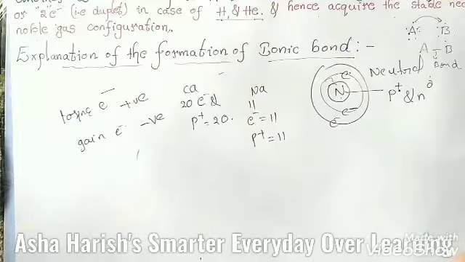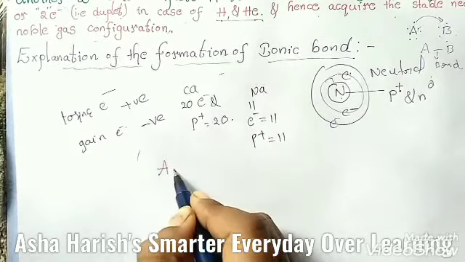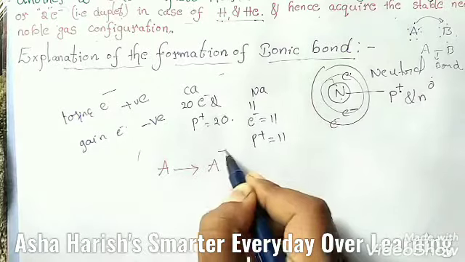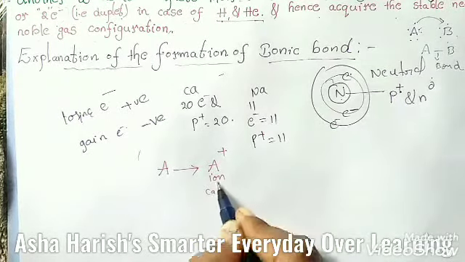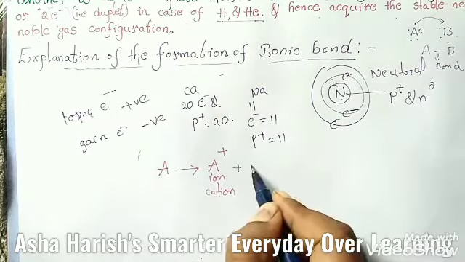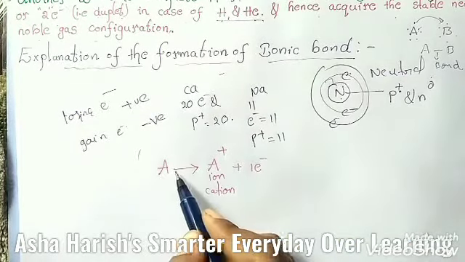Here you can take the example of A. This is an atom. From this, by losing one electron, A plus ion has been formed, also known as cation or electropositive ion, plus one electron. Why? Because here losing of one electron takes place.